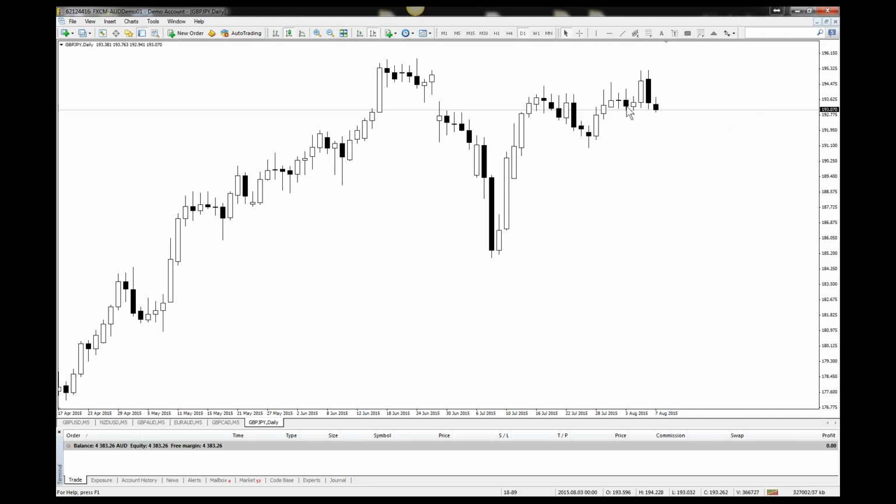Now over here, this low is 193.02. So I'm about 10 pips below this daily right here, which is the lowest bar on the shelf. That's about as far as I want to go.